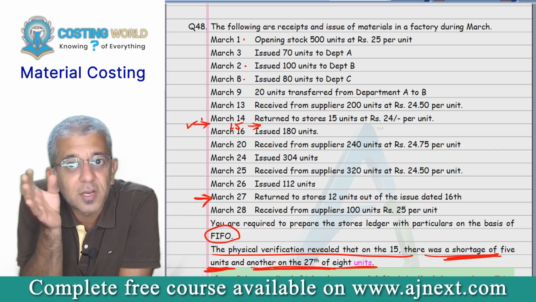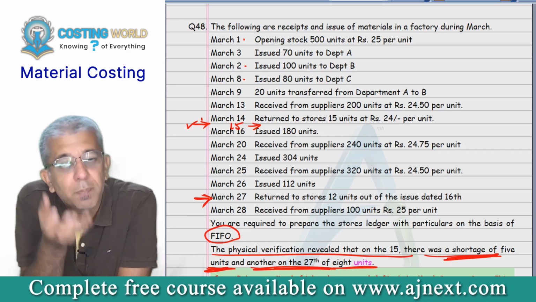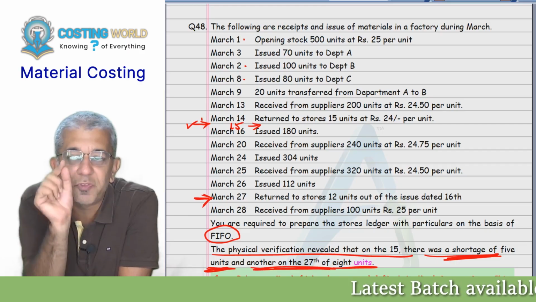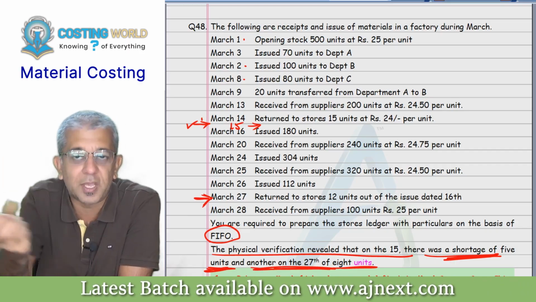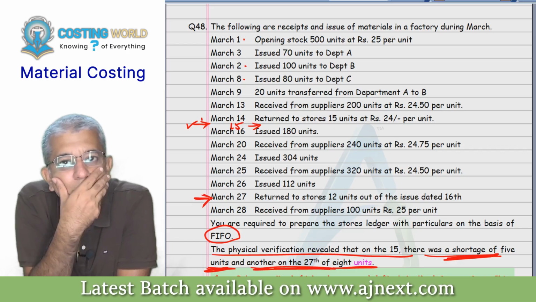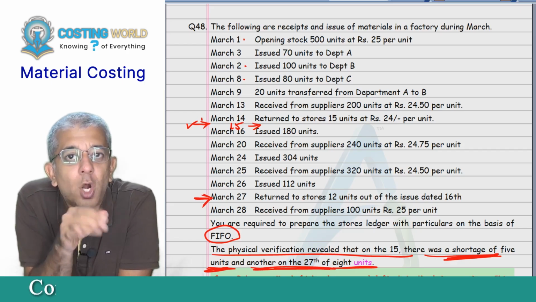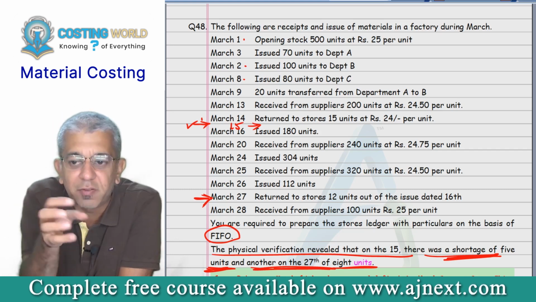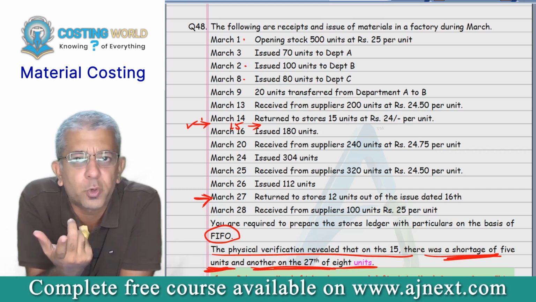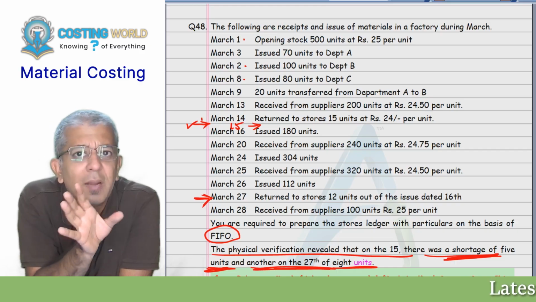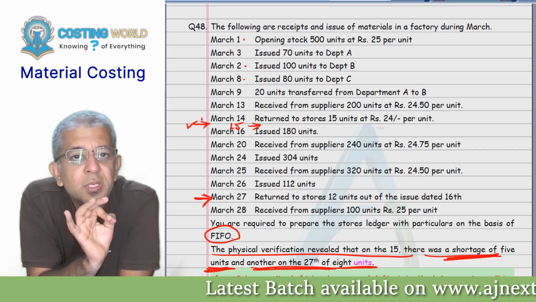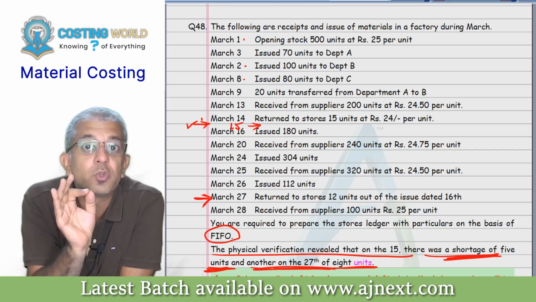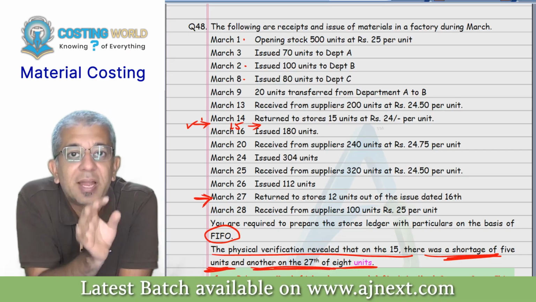Some worker will keep on coming and disturbing you and picking up the goods from there. Beta, if you are counting and the worker is also picking up the goods, how will you count? You will not know what to count and what not to count. Whenever you count 5, 6, 7, 8, one guy will come and pick up one or two units. So that cannot happen. So physical verification is always done after the normal factory hours are over.